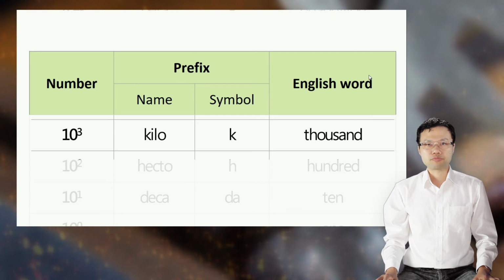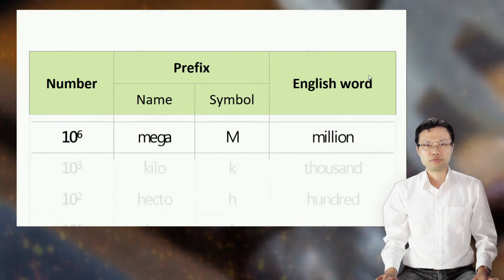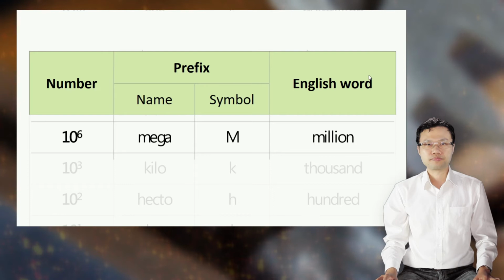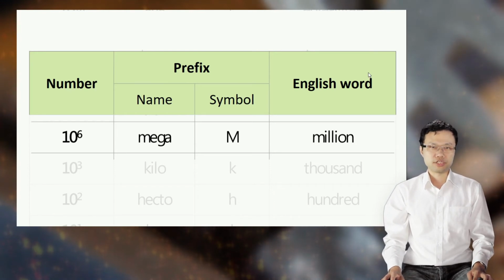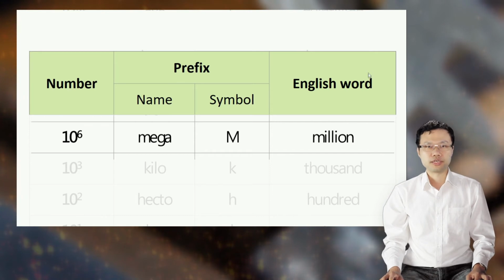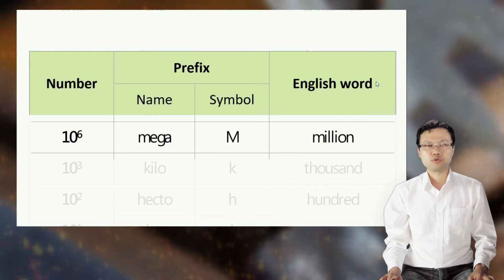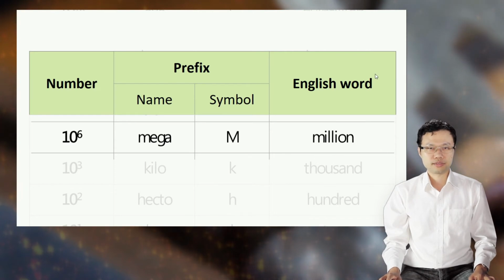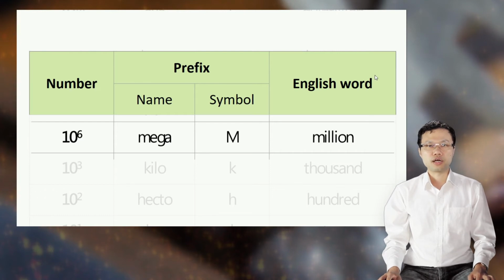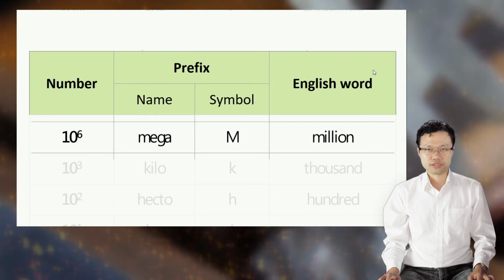The next metric prefix is mega, abbreviated by capital M. It describes the order of magnitude 10 to the power of 6, which is a million. The orders of magnitude between 10 to the power of 6 and 10 to the power of 8 are counted by units of mega. For example, we can call the distance of a star 10 million light years away from Earth 10 mega light years.